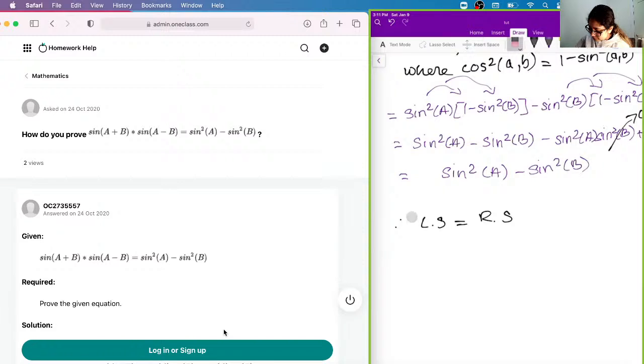Restating, our original equation, sine of a plus b times sine of a minus b, is equal to sine squared a minus sine squared of b.